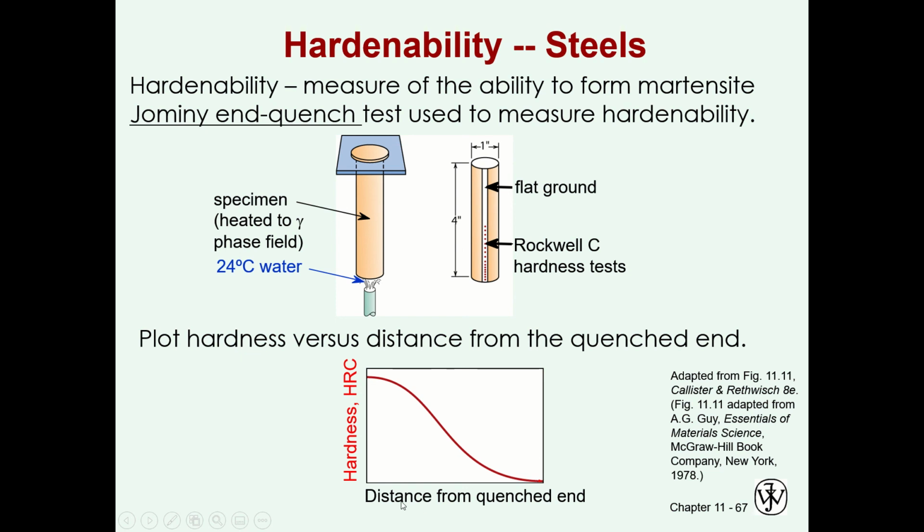So it says here that we get lower hardness as we increase the distance from the end point, which is quenched. So the shorter the distance, the higher the hardness. Then it means we have a very hard metal or steel. So that's the basic concept. That's the science behind it.